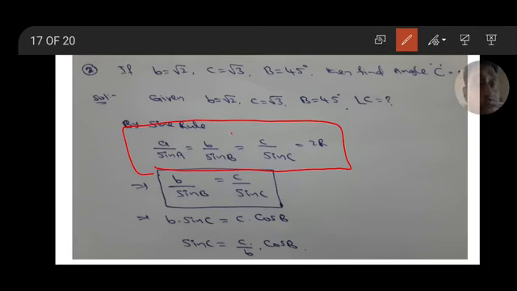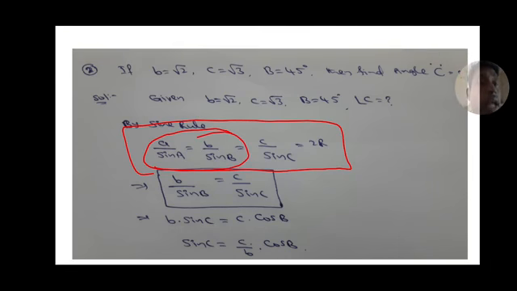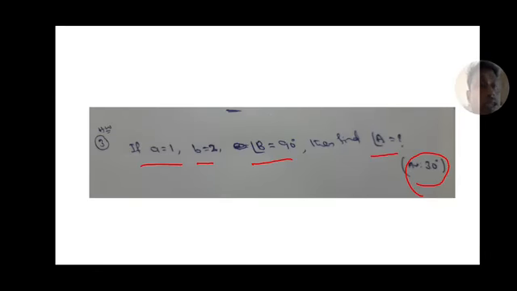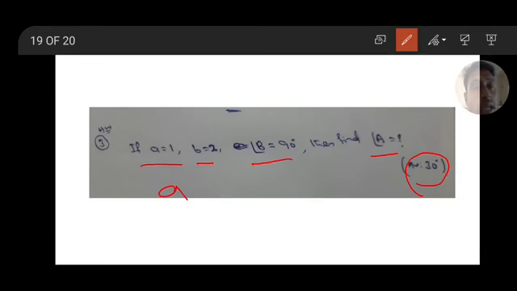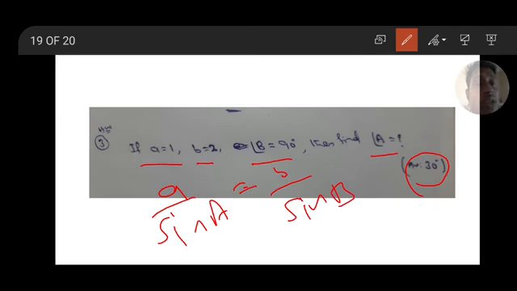In the question we are related with these two only, so we take a by sin A equals b by sin B. Equate these two and substitute the values of small a, small b and capital B, and we get sin A. From that we get capital A equals 30 degrees.